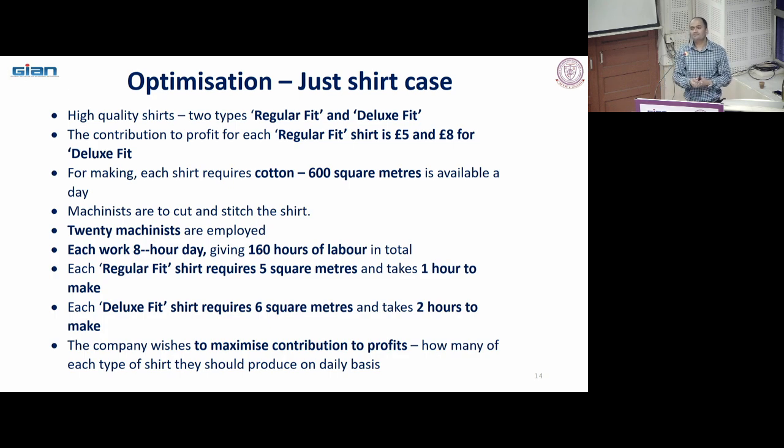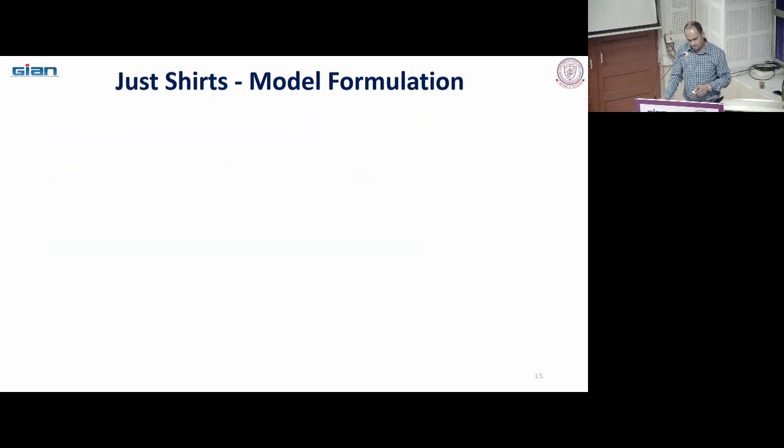The cotton constraint: 5x1 plus 6x2 less than or equal to 600. What about the labor constraint? Less than or equal to, okay, good. I can now trust you that you are an industrial engineering or supply chain and logistics expert.